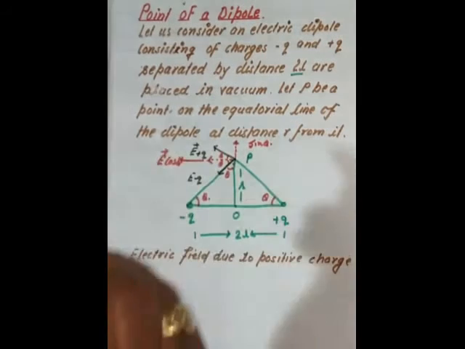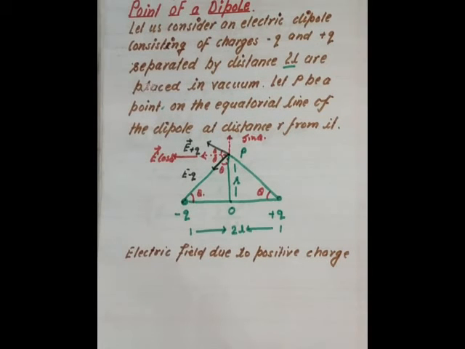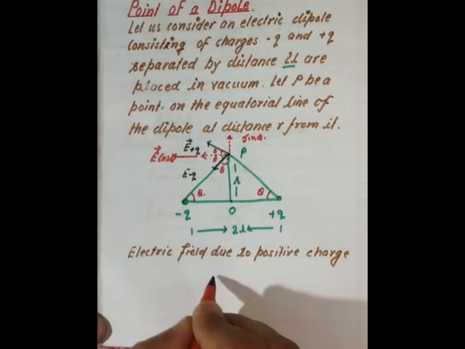Two types of electric field we have found: in the axial position and in the normal position. In the axial position it is cos theta. In the normal position it is sine theta. Those who do not understand this figure clearly should make it like this.